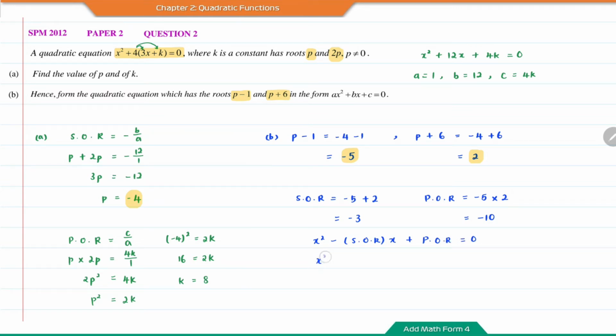So now just substitute. Sum of roots is -3, x plus the product of roots -10. So here we don't have fractions, so we're just going to solve for the signs here. So x squared, negative becomes a plus 3x, and plus minus becomes a minus. So the equation will be x squared plus 3x minus 10 equal to 0.